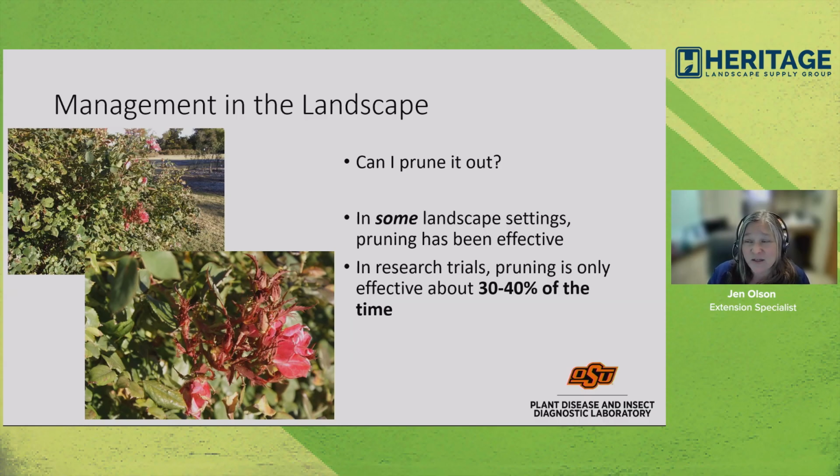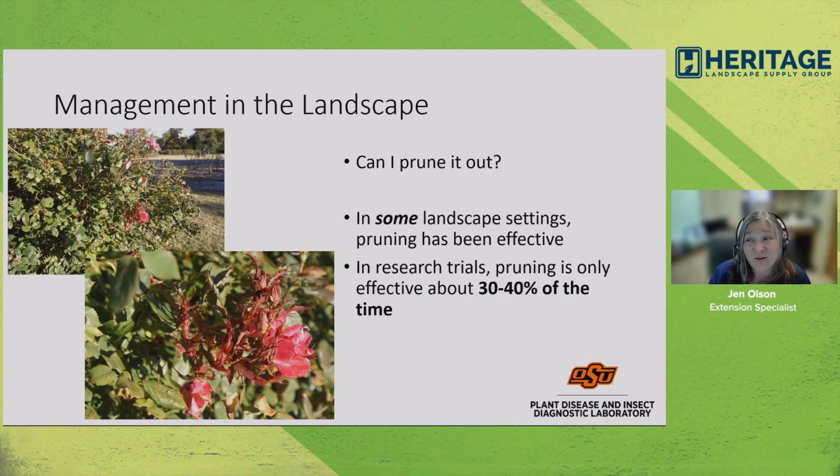Dr. Mark Wyndham, who's recently retired from the University of Tennessee, did some trials looking at whether or not pruning was effective. The minute they saw a plant with symptoms, they would remove the entire cane all the way down to the crown, move the plants to a quarantine area, and monitor to see if rose rosette redeveloped after pruning.